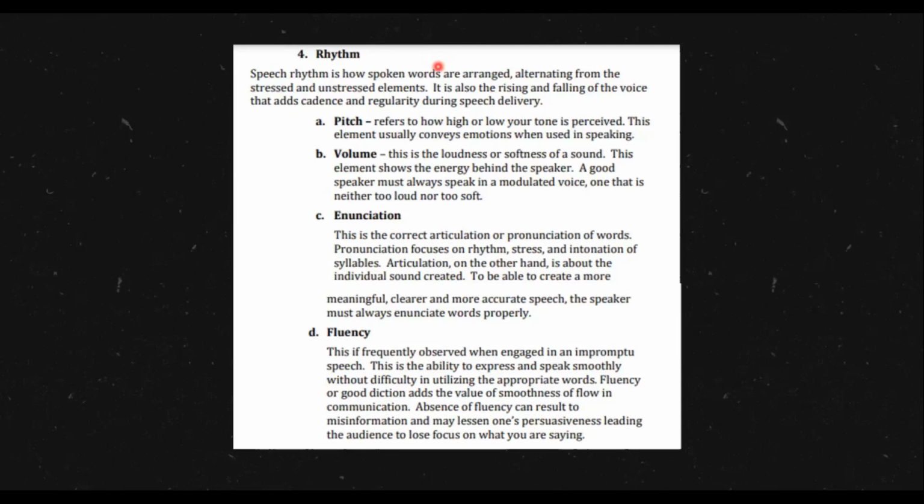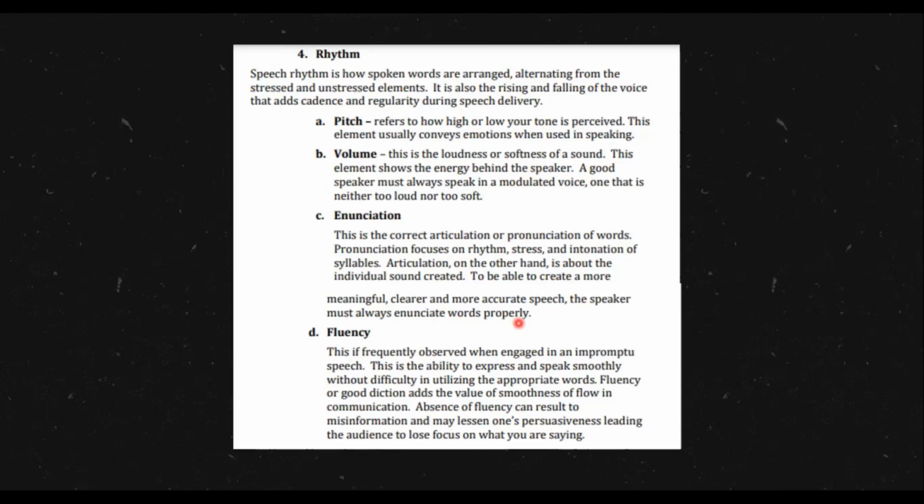Okay? Next, enunciation. This is the correct articulation or pronunciation of words. Pronunciation focuses on the rhythm, stress, and intonation of syllables. Articulation, on the other hand, is about the individual sounds created. To be able to create a more meaningful, clearer, and more accurate speech, the speaker must always enunciate words properly. So, in giving a speech, it's important that you can pronounce words clearly and appropriately.